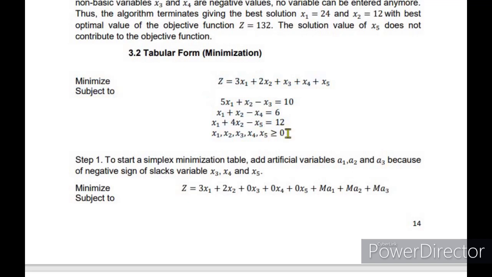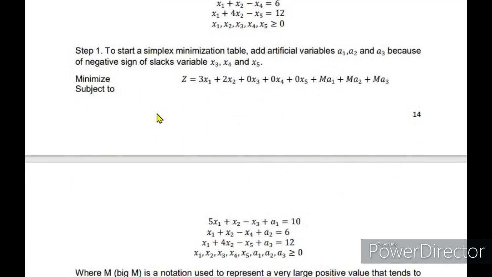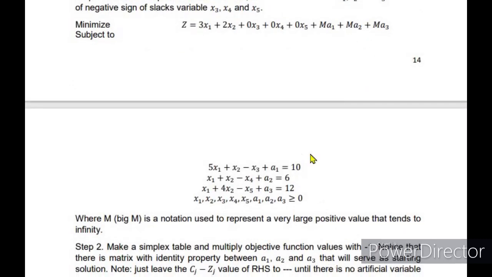So now for the tabular form of minimization, minimize this subject to, so just copy paste the model for minimization, problem 2. So step 1, to start a simplex minimization table, you will add slack variables and artificial variables, okay? And this big M notation. You already know this from the previous module because you did this also in the previous module.